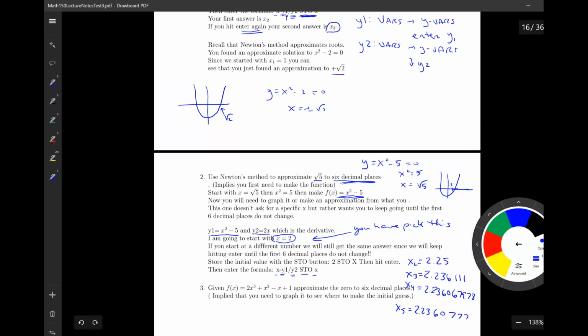All right, so if I'm looking for 6 decimal place accuracy, 1, 2, 3, 4, 5, 6, 1, 2, 3, 4, 5, 6. These first 6 decimal places have not changed. So to find the root to 6 decimal places, the root would be 2.236067.